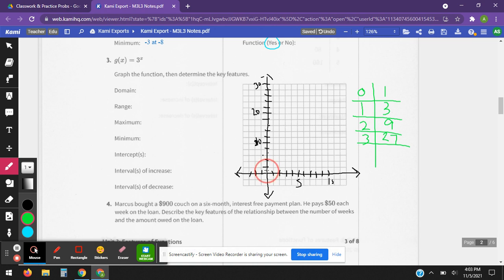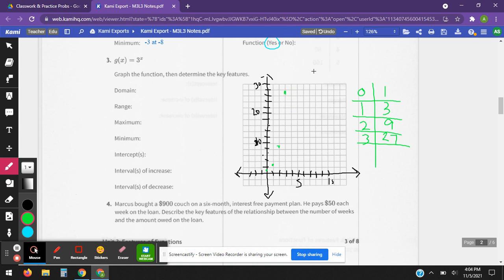We did it counted by 2s. We got to go right here. 1, 3 would be right here. 2 and 9 would be right here. 3 and 27.